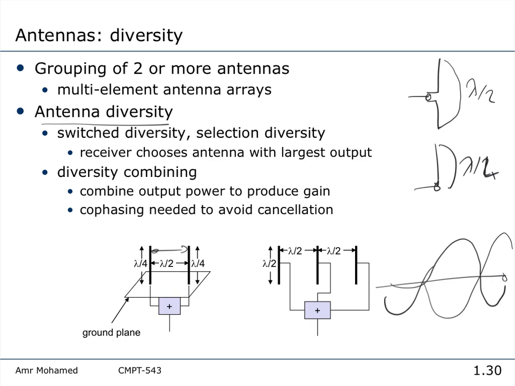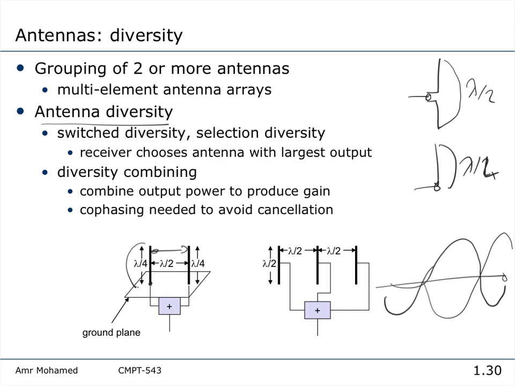That's why you need clear separation between the antennas in order to have efficient communication. As I said, if the dipole antenna is fed from the bottom, then this length is only lambda over 4. But the separation between the two antennas has to be lambda over 2.